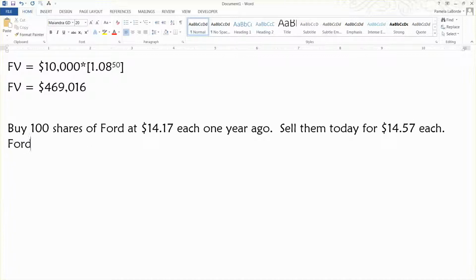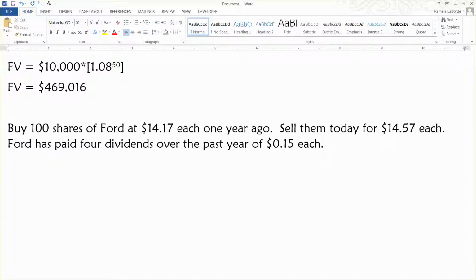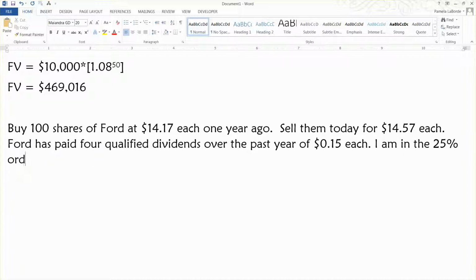And then Ford has paid 4 dividends over the past year, and it was 15 cents each. And I'm going to just very explicitly state that these are qualified dividends. So that means they classify as receiving the capital gains rate. And let's say I am in the 25% ordinary income tax bracket.